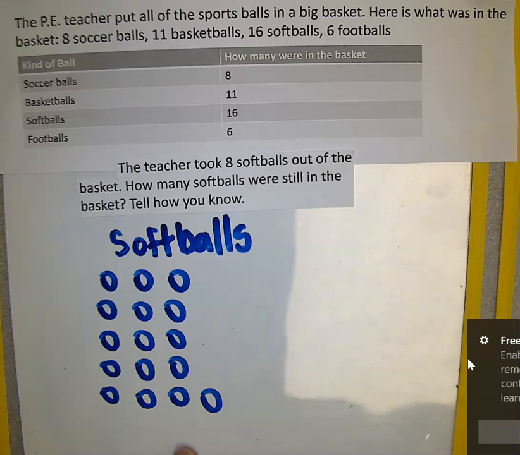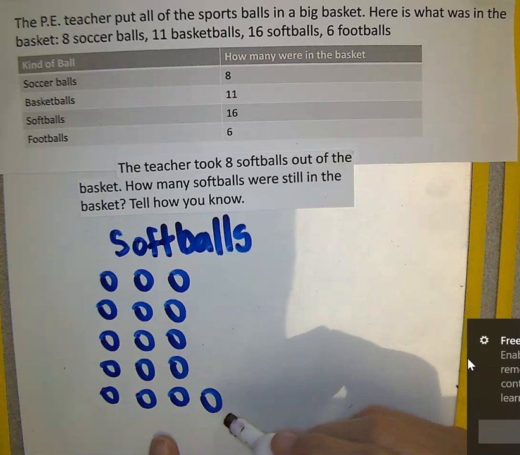What happened? That's right. The teacher took 8 softballs out of the basket. So she took them out. I'm going to represent that by drawing a mark on each softball that she took out.